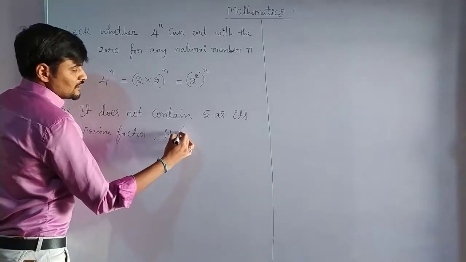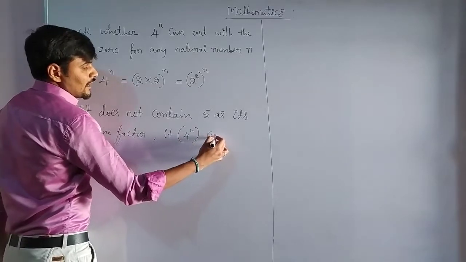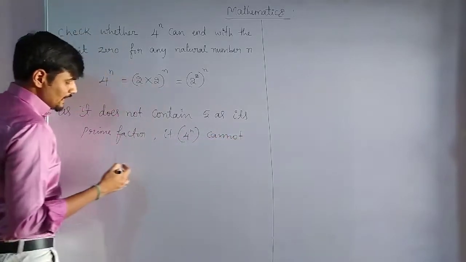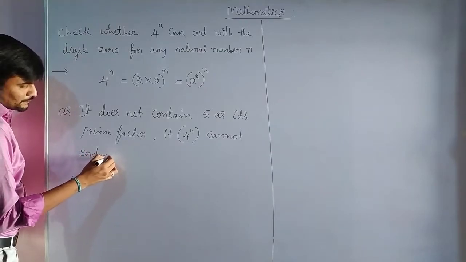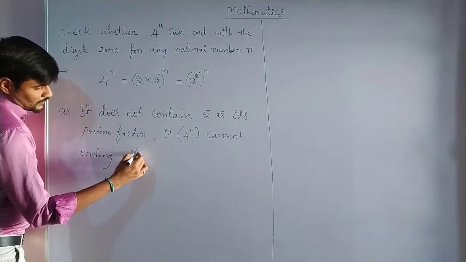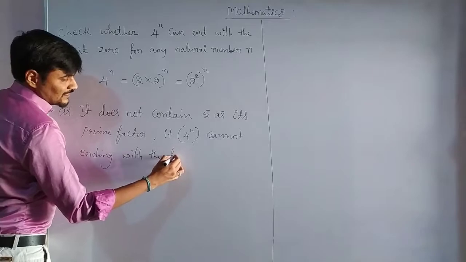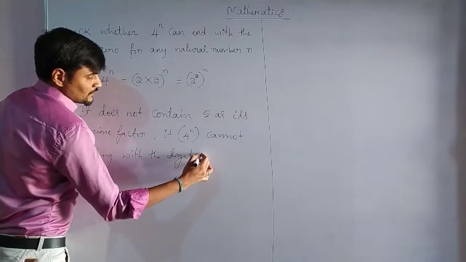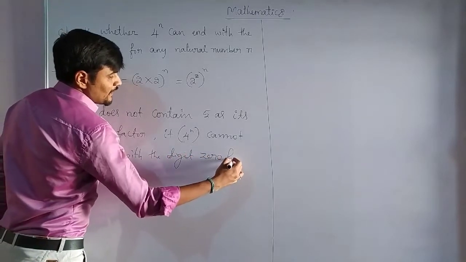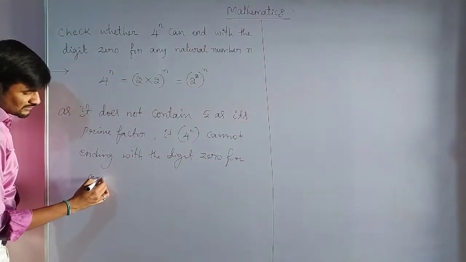That means 4 power n cannot end with the digit 0 for any natural number n.